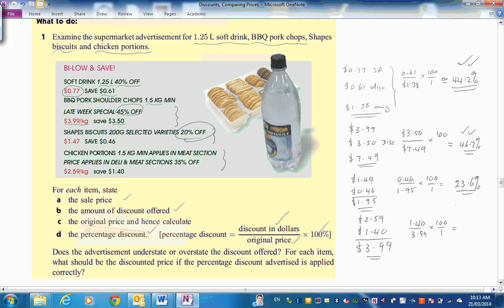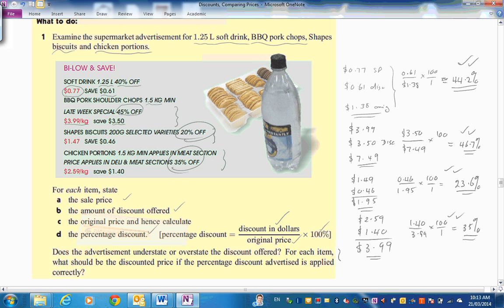I'm just doing it now as I'm talking to you. Hang on, I've put too much there. 1.4, I hit multiply instead of divide, mate. Okay, it's 35%, and that's spot on. So we give all of them a tick because it says 35% off. It's only slightly more.